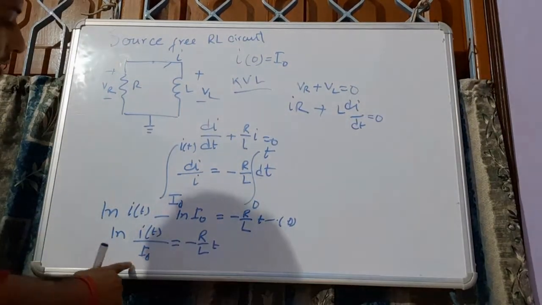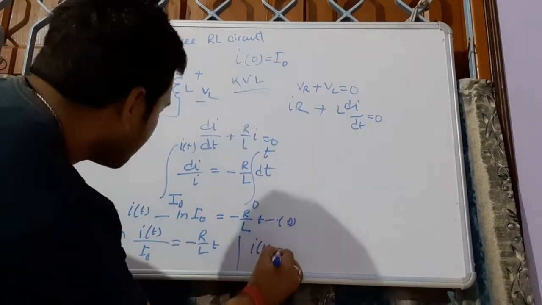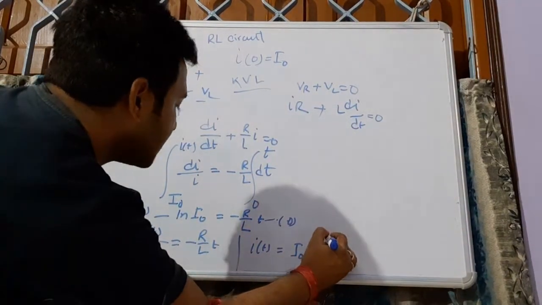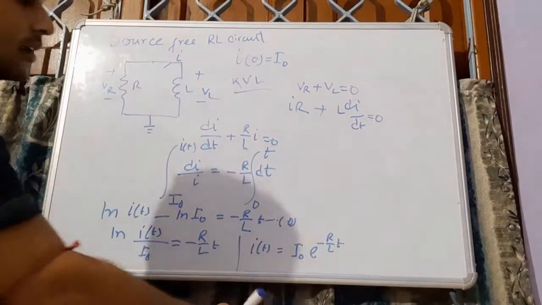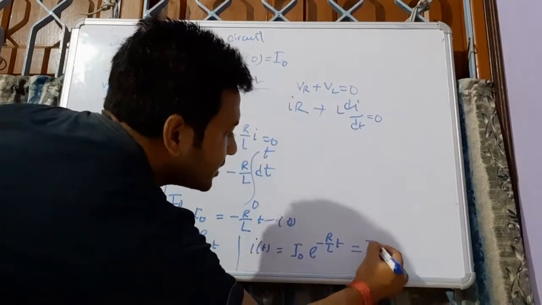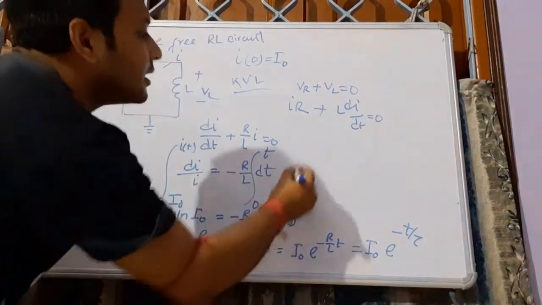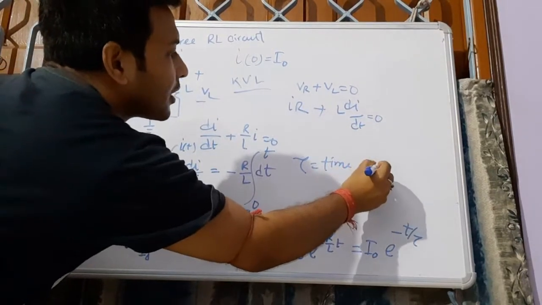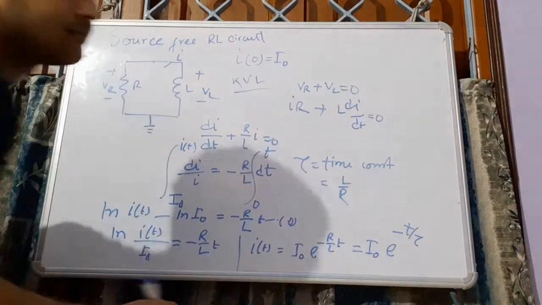So if I calculate I of t, this will be I0 e to the power minus R by L into t, right? And this can be written as I0 e to the power minus t by tau. Here the time constant tau is equal to L by R, right?